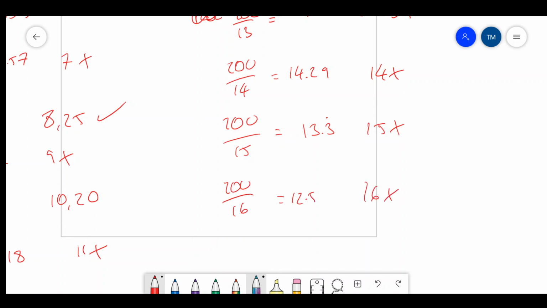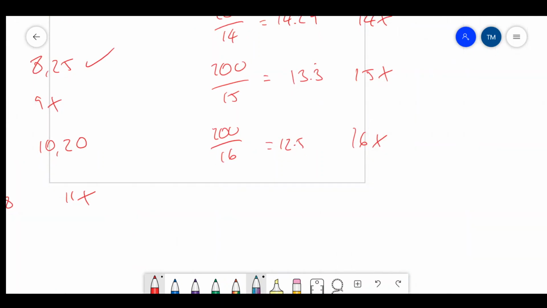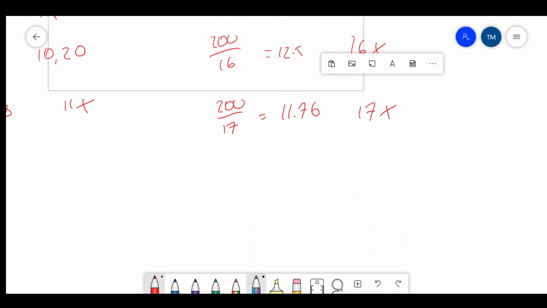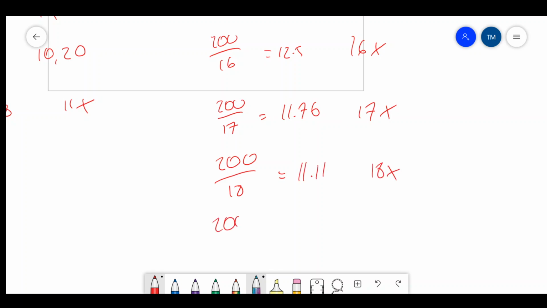So 16 is not a factor. 200 divided by 17 is 11.76, so 17 is not a factor. 200 divided by 18 is equal to 11.11. So we know 18 is not a factor. 200 divided by 19 is equal to 10.53. So we know 19 is not a factor.